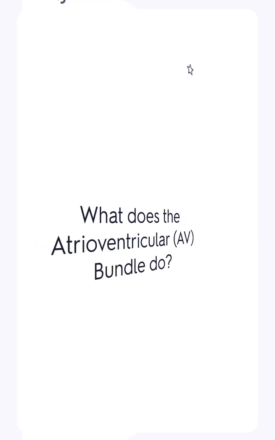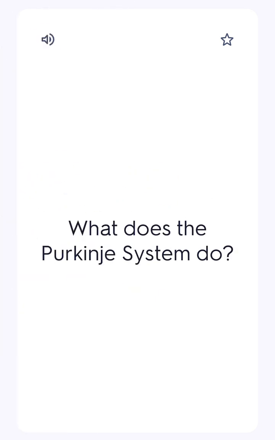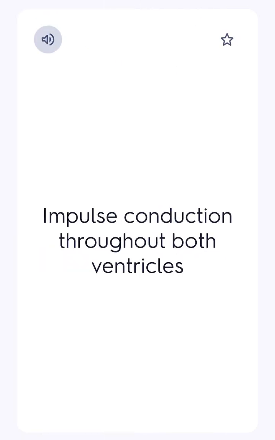Increases conduction velocity, forms R/L bundle branches in interventricular septum, passes impulse to Purkinje system. What does the Purkinje system do? Impulse conduction throughout both ventricles.